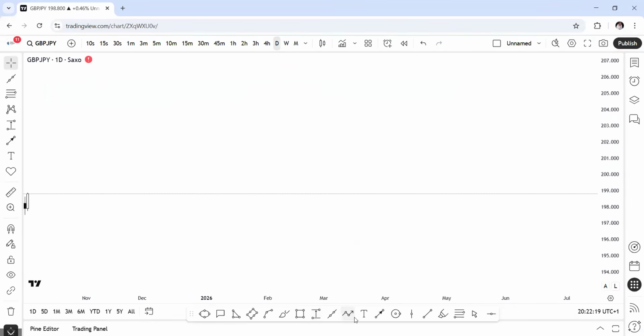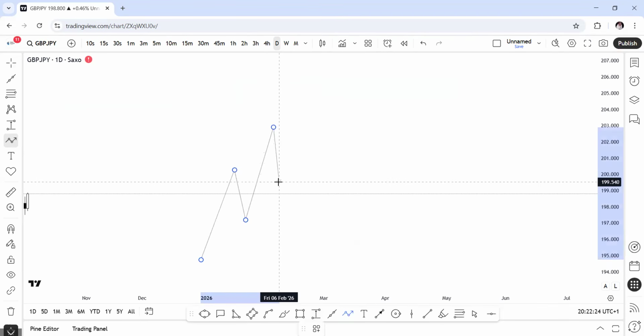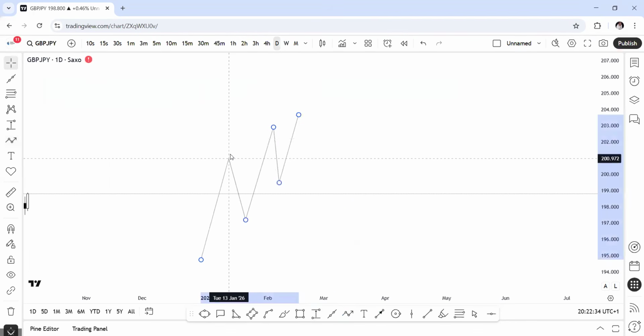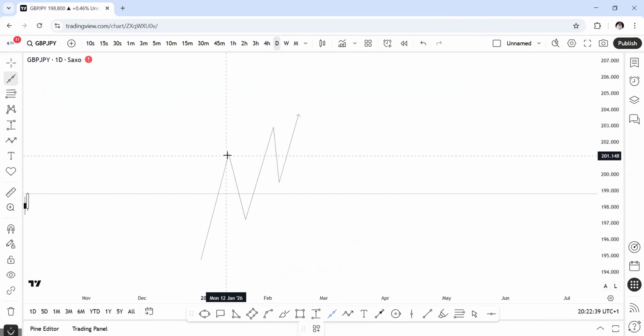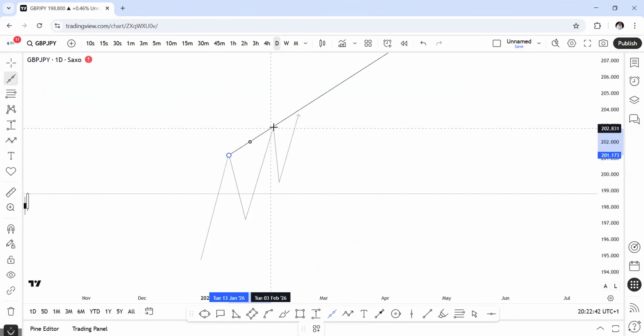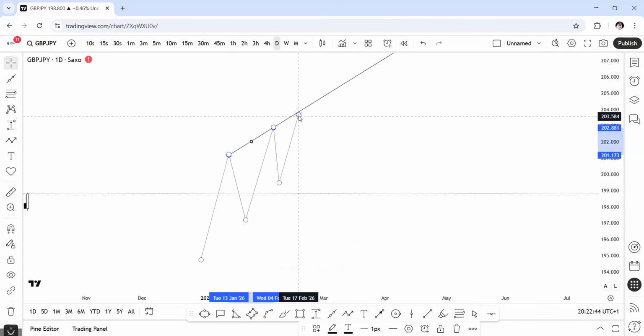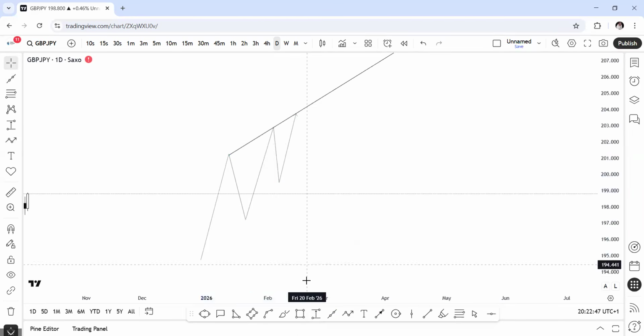If this is a price structure in an uptrend, you have identified resistance one, resistance two, and price pulls into it the third time, rejects that particular SnR, and then moves down.